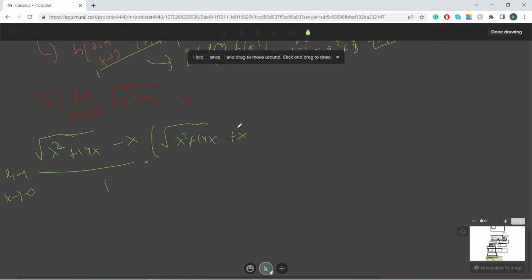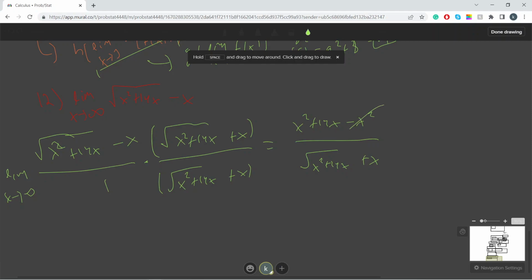So we multiply by the conjugate in both the numerator and the denominator because we don't want to change the value. And what does this give us? Well, in the numerator we get x squared plus 14x minus x squared. Notice that we have the difference of two squares form right here. In the denominator, we have square root of x squared plus 14x plus x.